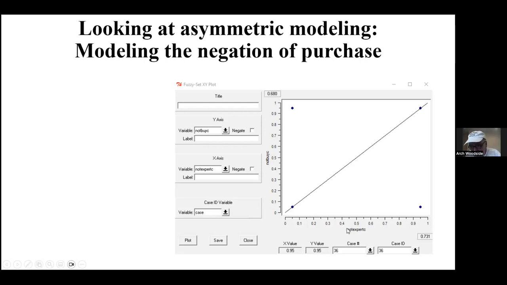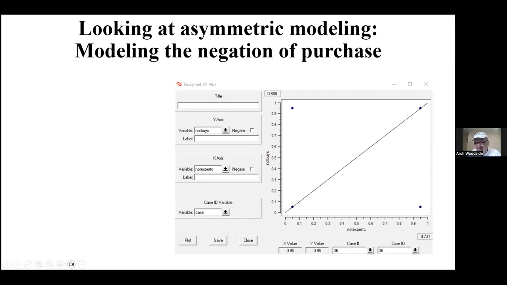So the model is not expert. So not expert alone does not predict the negation of purchase very well. 0.68 is well below the benchmark that you want to achieve for a useful model, and the benchmark is 0.8 consistency index, and the coverage is 0.73.